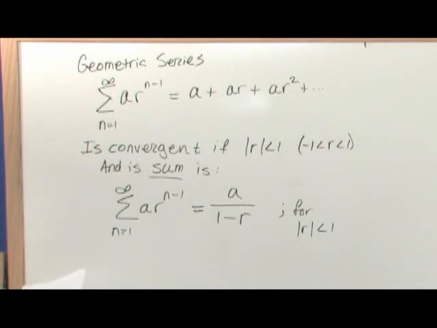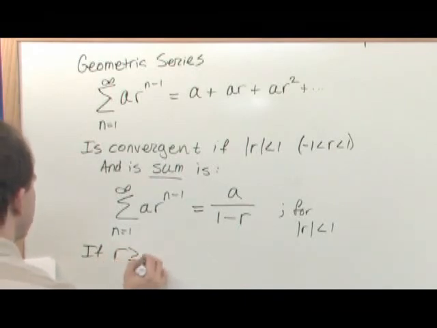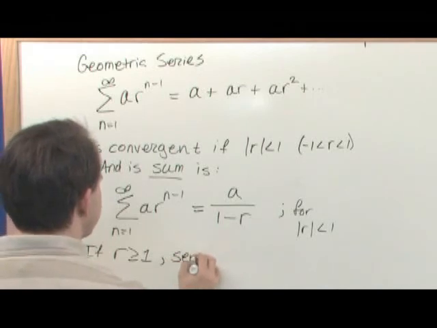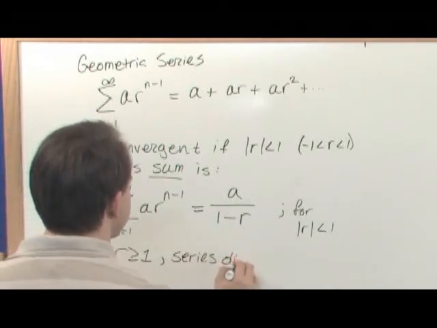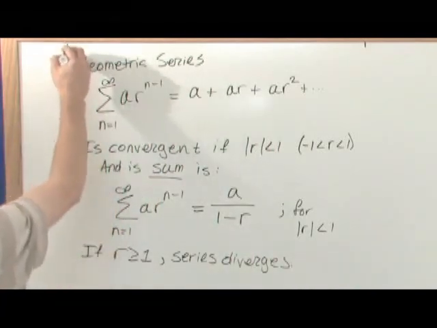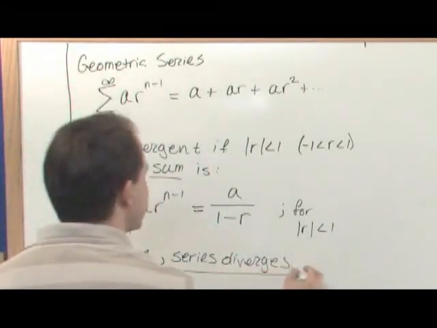So this is very important. And let me write one more thing down and we'll go over the whole thing. If r is greater than or equal to 1, the series diverges. The series diverges. I need you to really remember that.